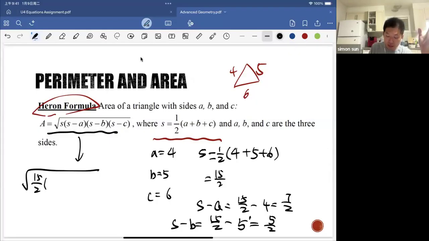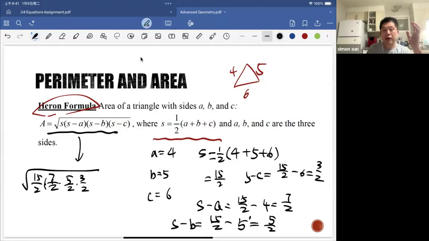And the last one, S minus C, is 15 over 2 minus 6, which is 3 over 2. So we are actually doing 15 over 2 times 7 over 2 times 5 over 2 times 3 over 2.